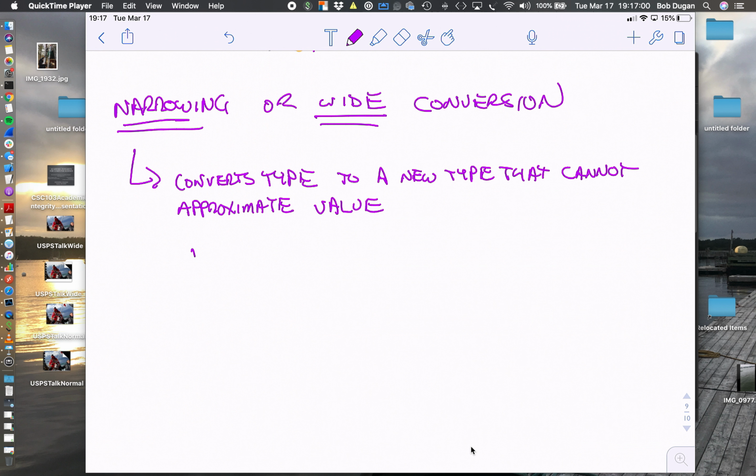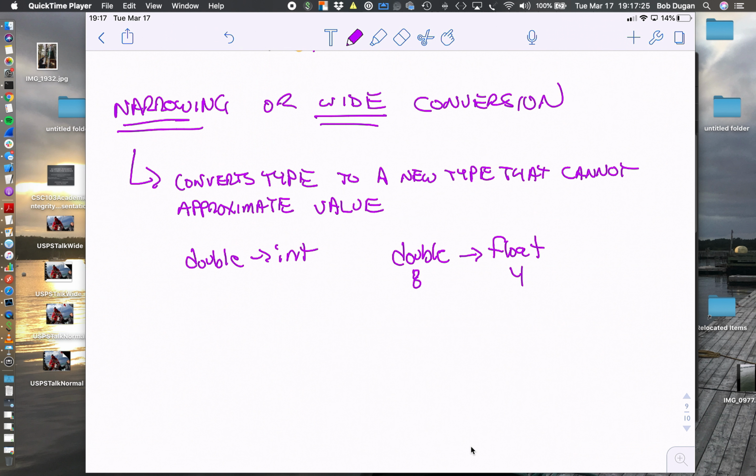So if we go from a double to an int, that is a narrowing conversion. If we go from a double to a float, that is also a narrowing conversion. If the double is a really large number, that's definitely going to be a narrowing conversion. That's 8 bytes, that's 4 bytes.